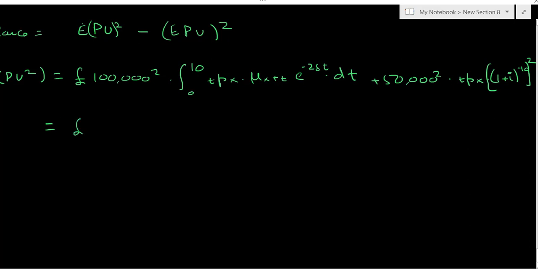Let's just calculate this. This is 100,000 squared into this factor.